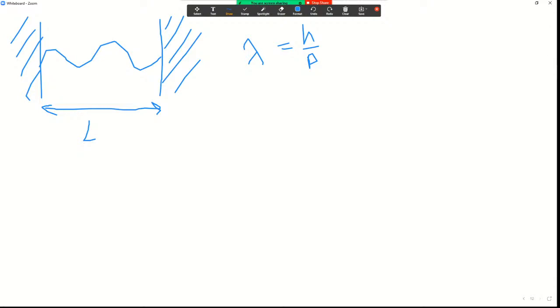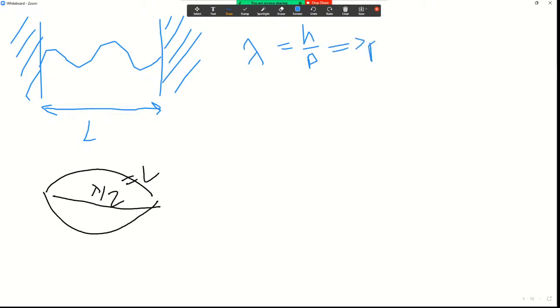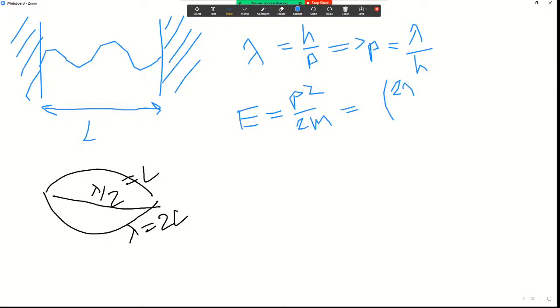So the ground state wave would look like this standing wave. So this is lambda over 2, which is equal to L. So lambda would be 2L. And then E is p squared over 2m, so h over 2L, squared.